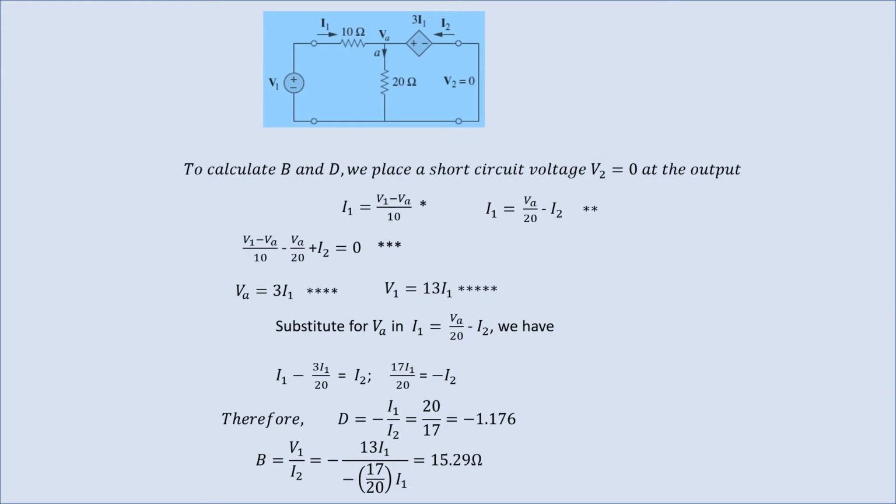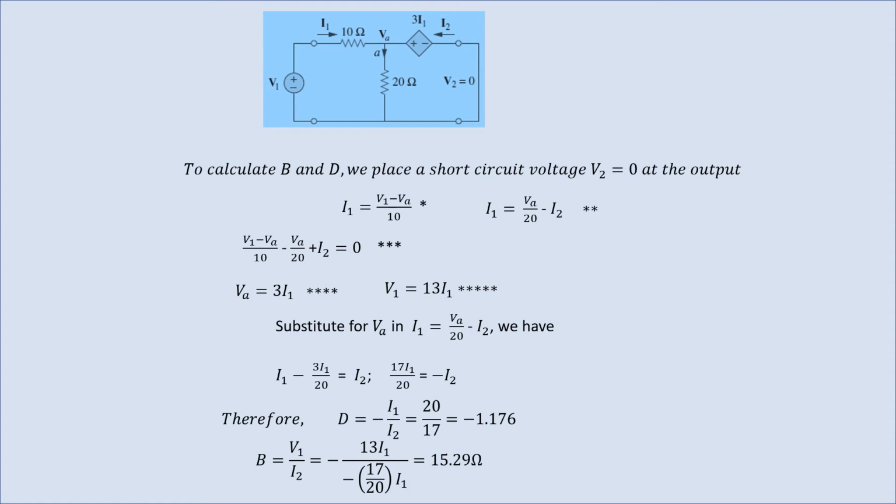So that's why we have our I1 equals VA over 20 minus I2. So by further simplification, you have V1 minus VA over 10, that's our I1, minus VA over 20, that's the current flowing in the 20 ohm resistor, plus our I2 equals 0.